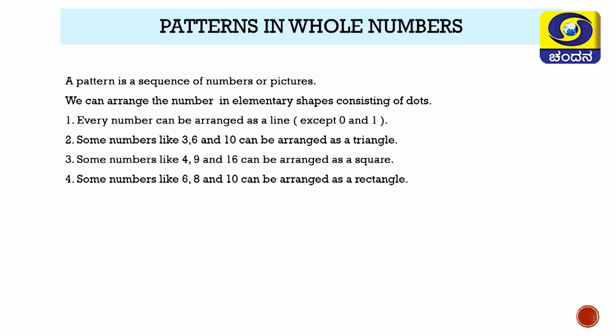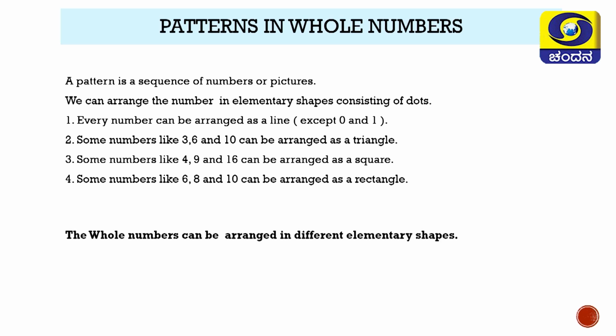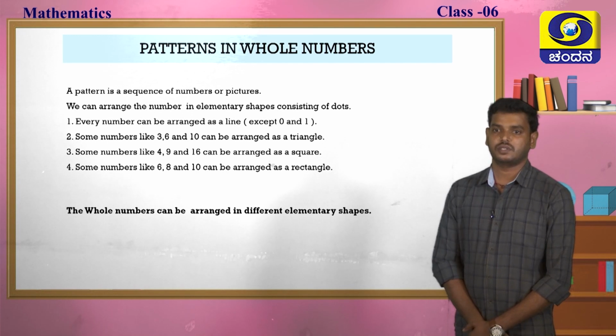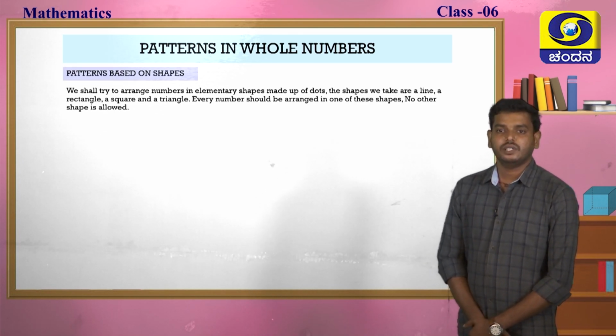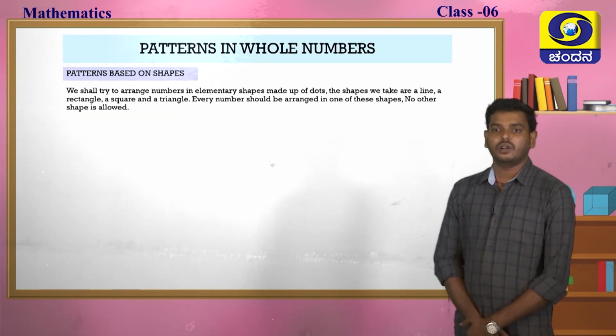By using these whole numbers, we can frame the patterns in the form of line, triangle, square and rectangles. Understood, children? By this I can say that whole numbers can be arranged in different elementary shapes. Let us see the shapes. Patterns based on shapes. We shall try to arrange numbers in elementary shapes made up of dots.